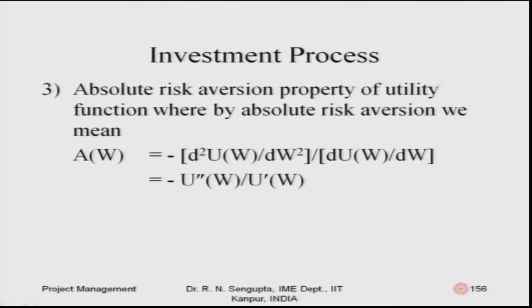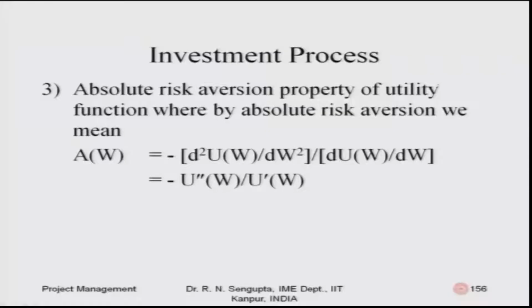If u double prime is 0, it will give you the concept that it is a risk neutral concept. And if u double prime is negative, then negative and negative would become positive. So, you will have the concept of absolute risk aversion property coming out correspondingly.